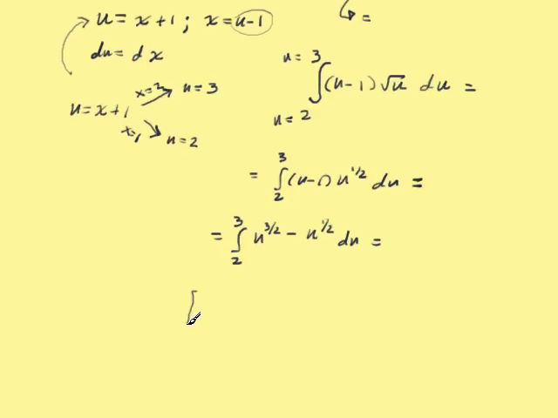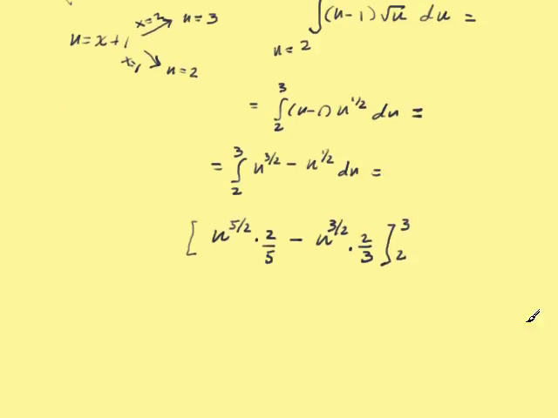Okay, so let's do that. So we have u to the 3/2 plus 1, that's 5/2, multiplied by 2/5, minus u to the 1/2 plus 1, that's 3/2, divided by 3/2 or multiplied by 2/3. And now we'll just substitute in our limits of integration.